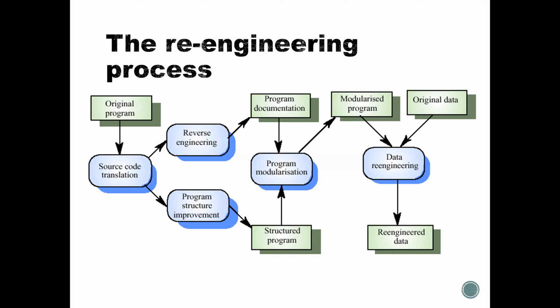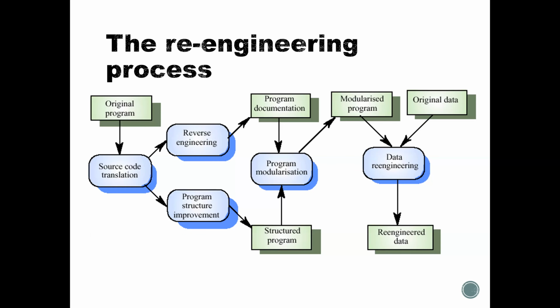From the original program, we start first with source code translation. In source code translation, you use some automated translation tool, which helps us to convert a particular program, maybe in an old programming language, to a modern version.